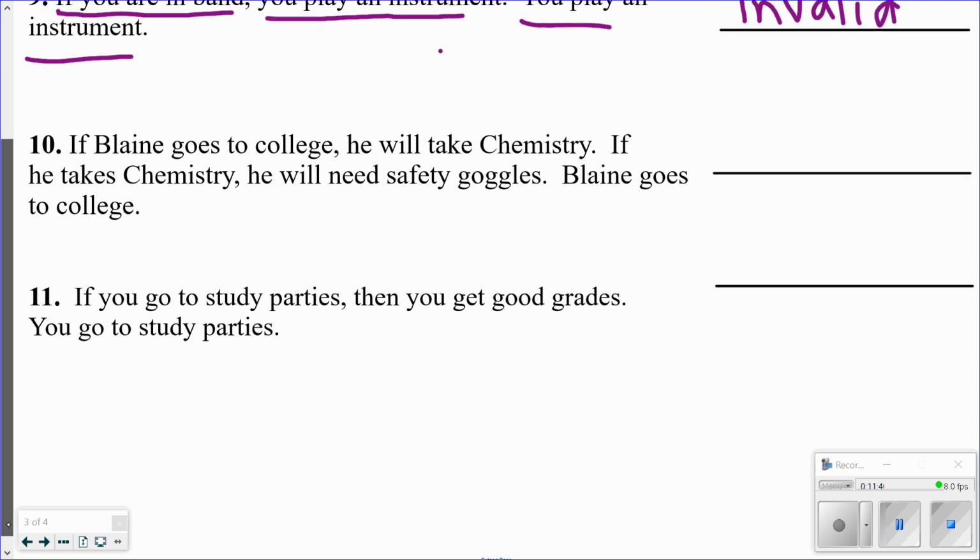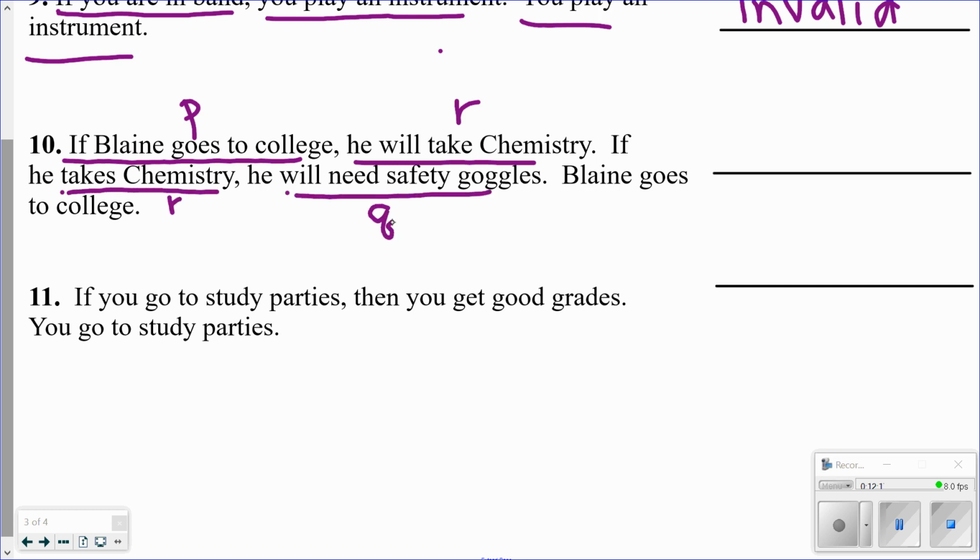Number 10, if Blaine goes to college, then he will take chemistry. If he takes chemistry, he will need safety goggles. Blaine goes to college. So what can we conclude then? Well, this is the law of syllogism. If P, then R. If R, then Q. Therefore, if P occurs, Q will also occur. So if Blaine goes to college, that's P. He will take chemistry. That is R. If he takes chemistry, that's R. He will need safety goggles.